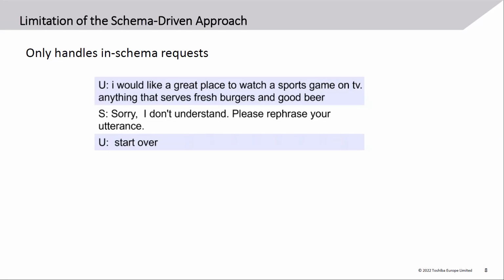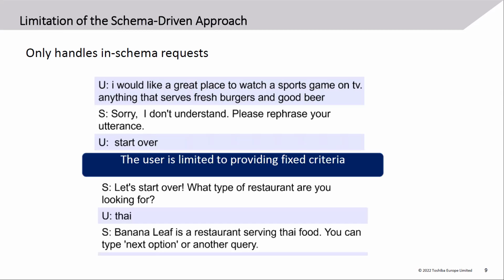And users in these systems are limited to providing fixed criteria. So when they provide food type, then they can find information, but not when they provide flexible information in their utterance.